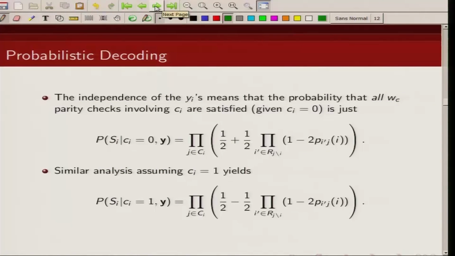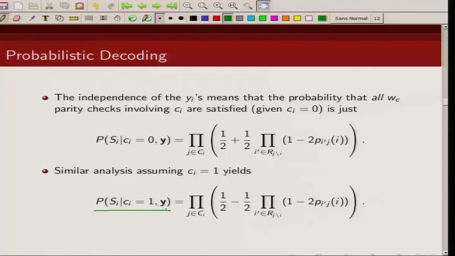And I can follow the same logic to find out the probability when Ci is 1. When Ci is 1, what I want is that the other bits should add up to have an odd parity, and that is given by this expression, and this should hold for all WC parity check equations. So, this is assuming independence, I can multiply by each of these probabilities.